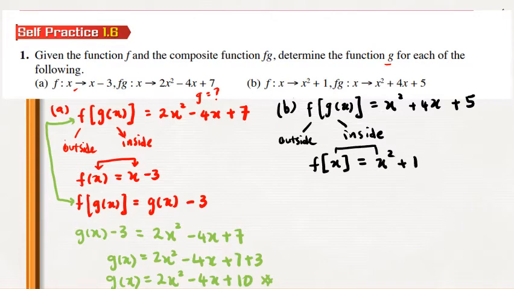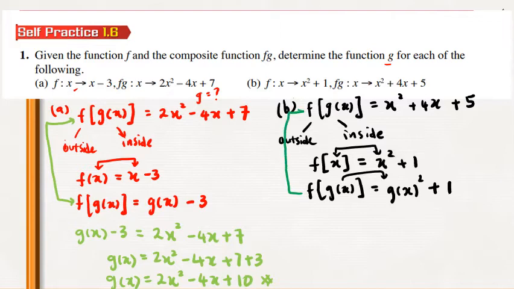So this one is the same as this. So, we replace x with g(x). Okay, just replace this one with the one above. So it becomes g(x) square plus 1. Okay, next we compare this one, our g(x), with this one. We have to write the other way. So, teacher will write g(x) square plus 1 is actually equal to x square plus 4x plus 5.